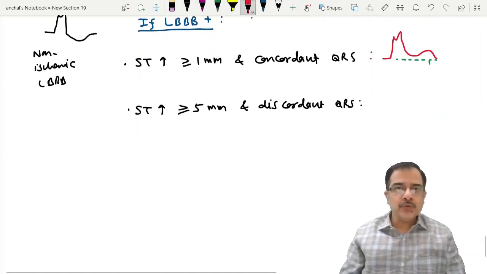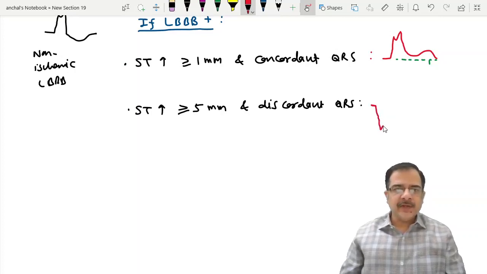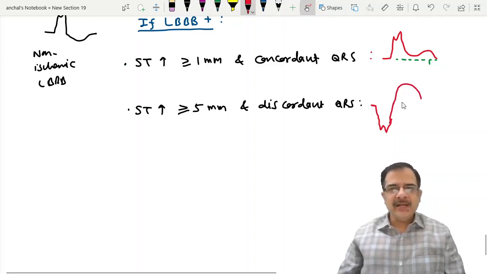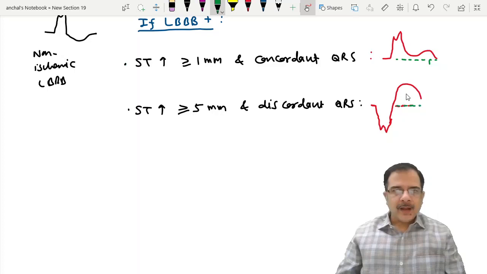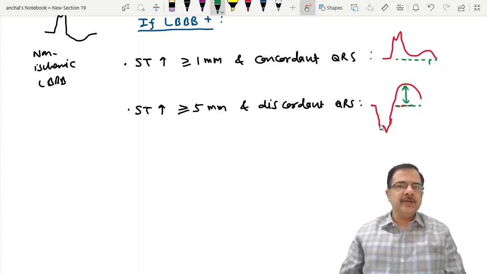Both are going in opposite directions. For example, there can be some leads where this is the negative QRS complex and this should be the ST elevation. More than 5 mm ST elevation should be there with a discordant QRS complex.